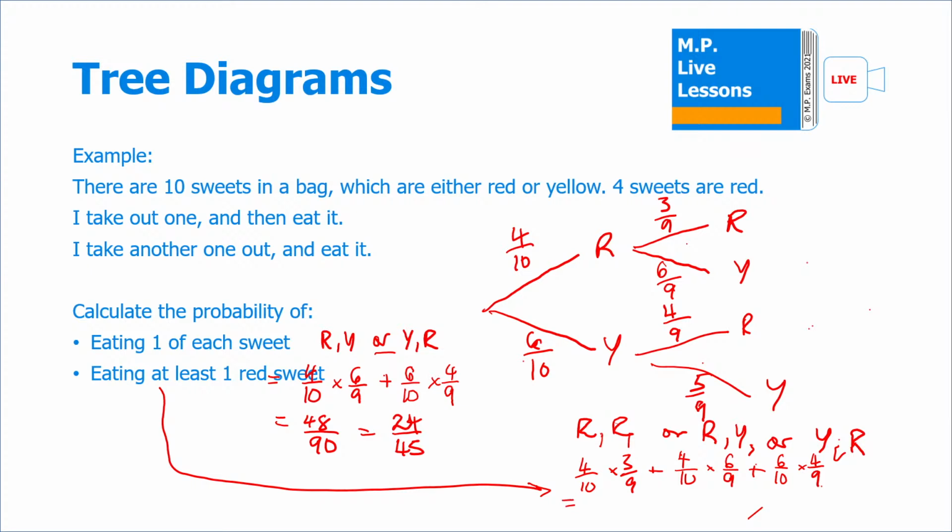And then if we add all these combinations together, we get 60 over 90, which simplifies well to 2/3.